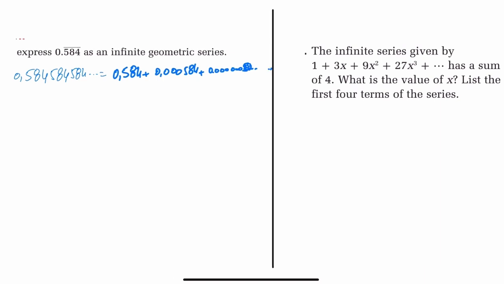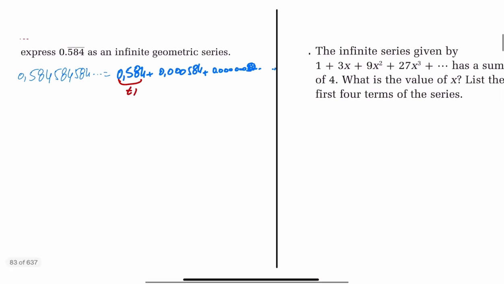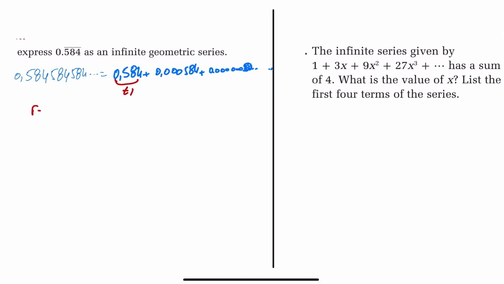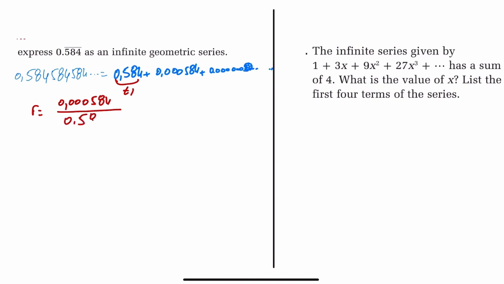So let us consider this as our T1. We will need to find our R. So R is equal to 0.000584 divided by 0.584, which will give me 0.001.